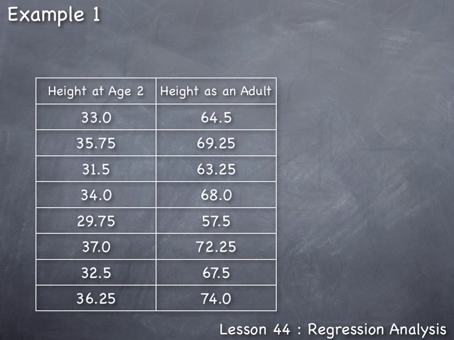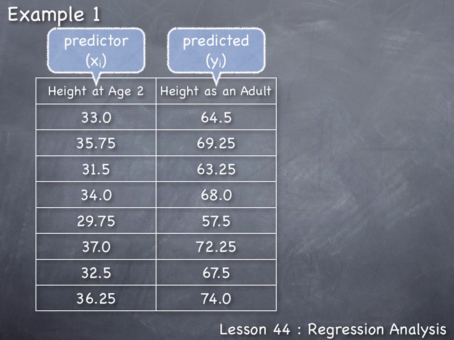Since we are predicting the person's height as an adult, the predicted, or y variable, is the height as an adult. And we're basing this prediction on their height at age 2. So the predictor, or x variable, will be the height at age 2. So we'll enter the person's height at age 2 in list 1, and then we'll enter the person's height as an adult in list 2.